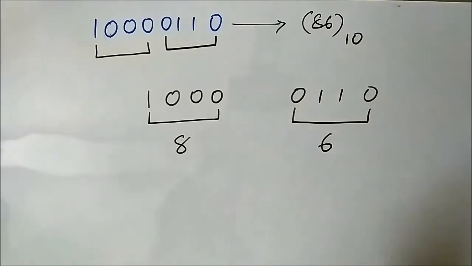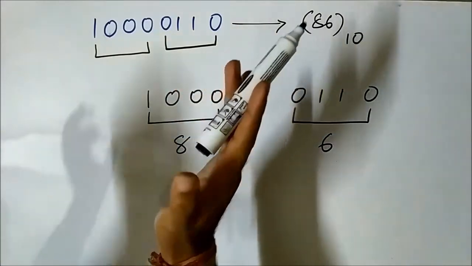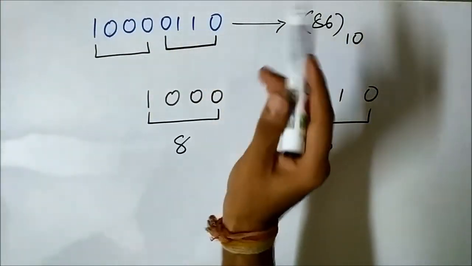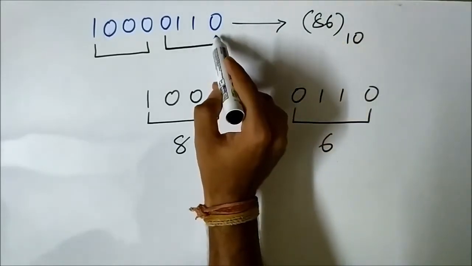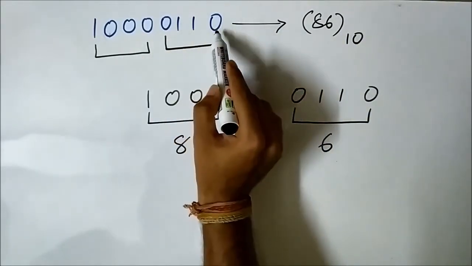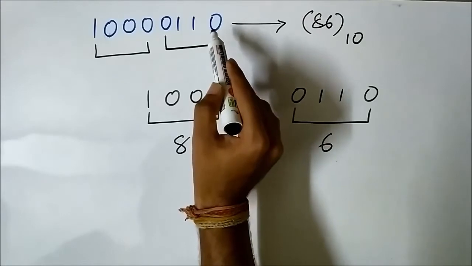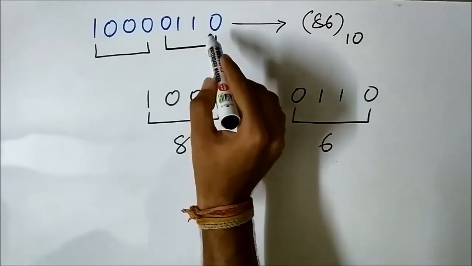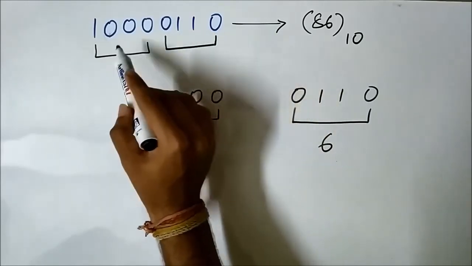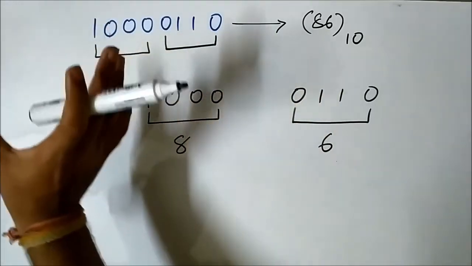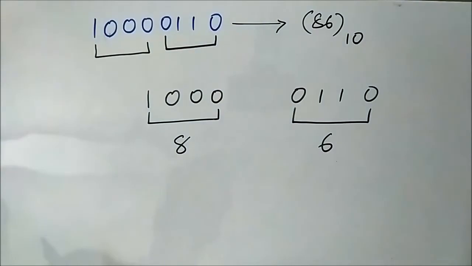So here the process is the opposite of what we did in decimal to BCD code. First we have been given a BCD code. First we have to make 4-bit groupings, always starting from the least significant bit side, and continue making 4-bit groupings until you exhaust all the bits available.